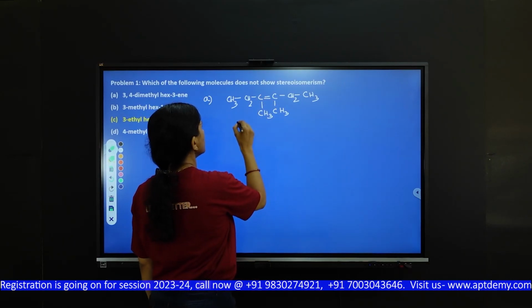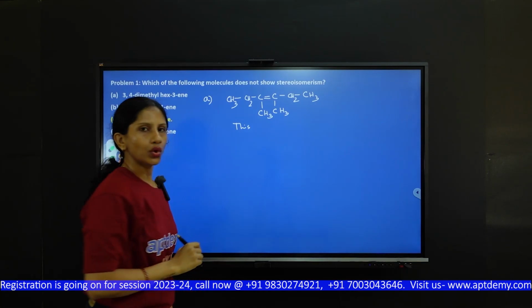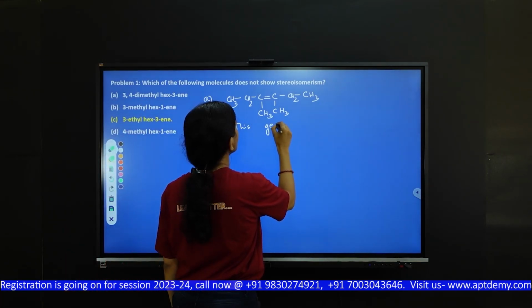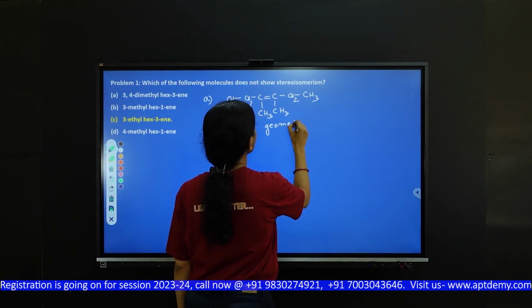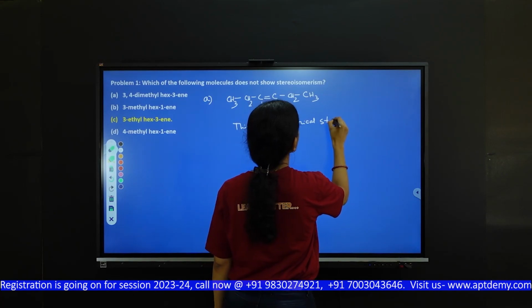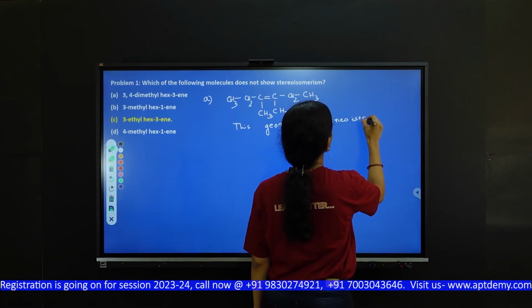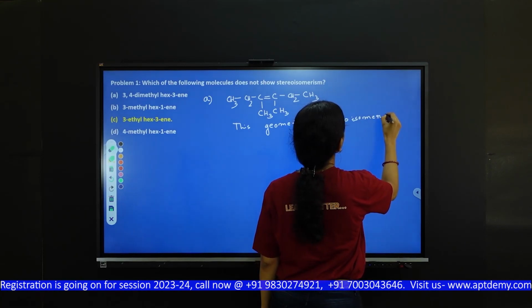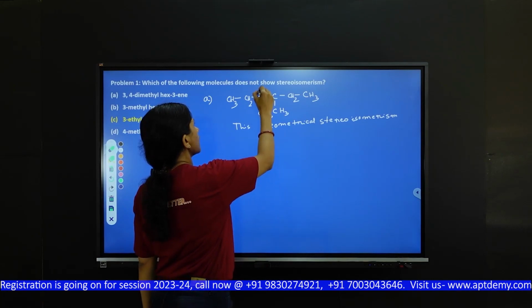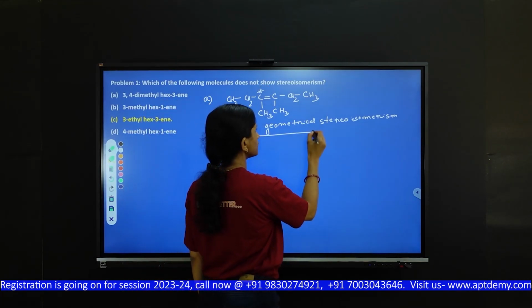This one is able to show geometrical stereoisomerism. What is geometrical isomerism?